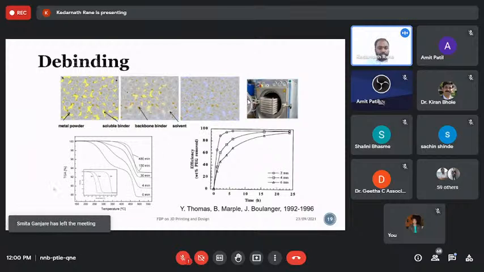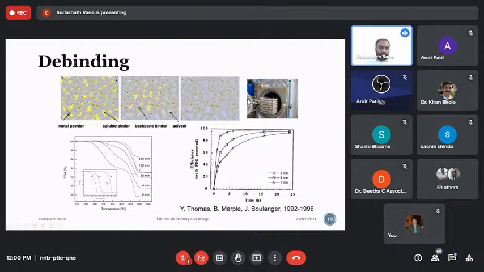Again, in this picture, to understand the melting of the polymer, you can go for TGA analysis. With TGA, you can get a clear picture of how much time it takes to remove the complete binder at different temperature conditions, like PP, paraffin wax, stearic acid.